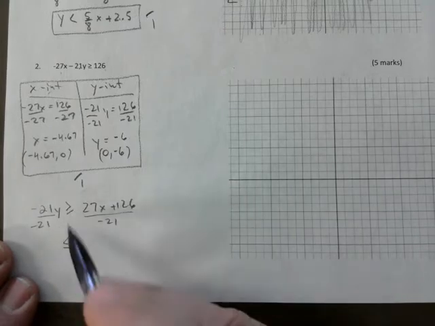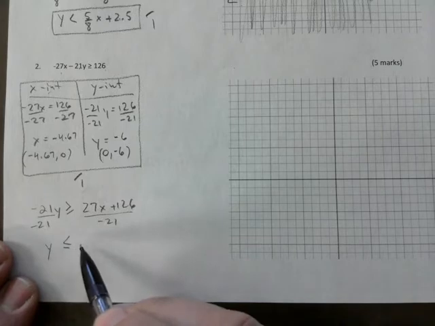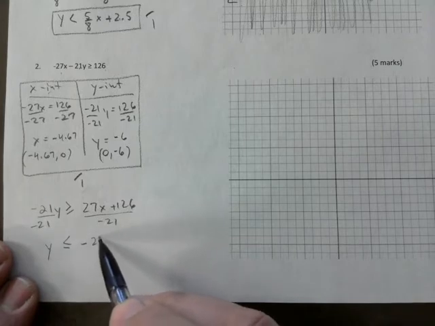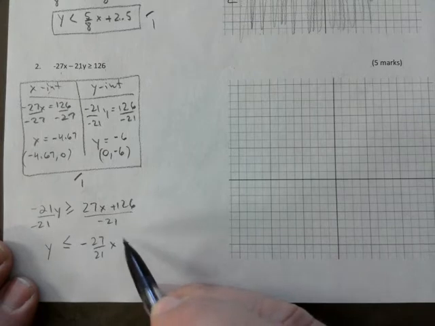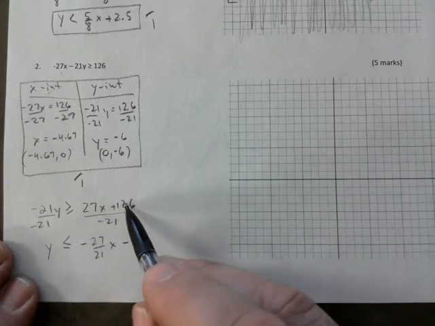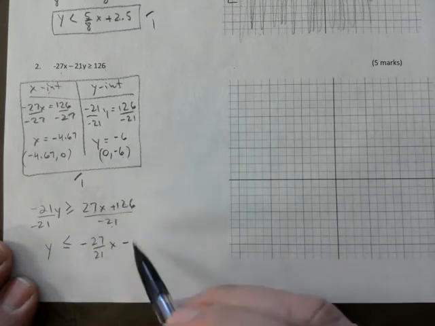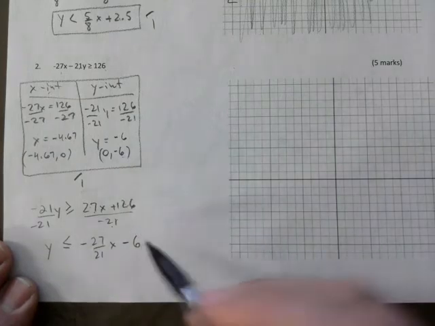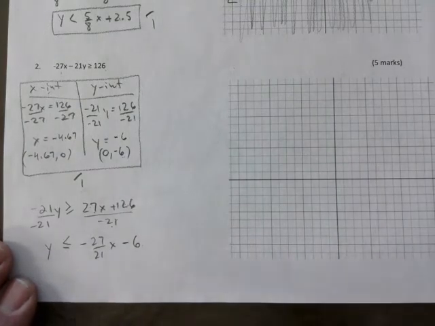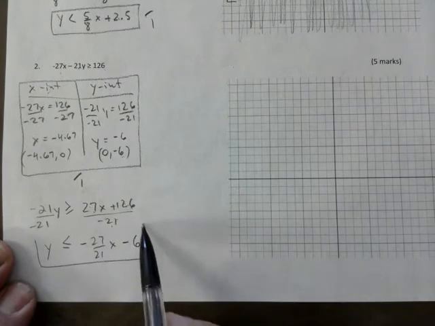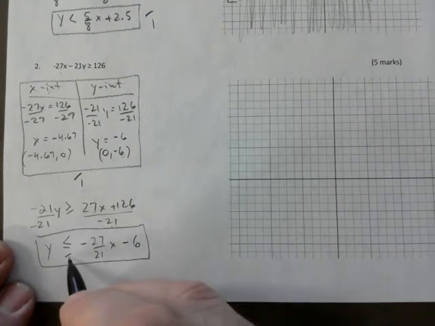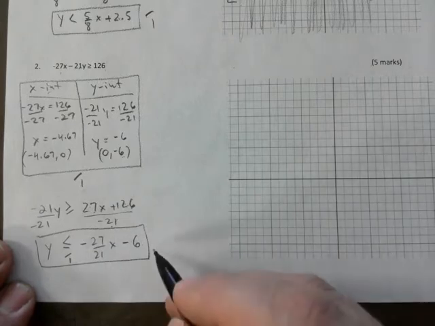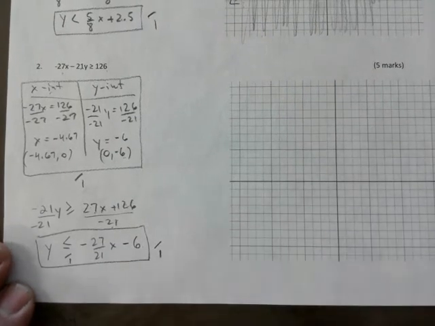I flip that inequality, and you end up with negative 27 over 21x minus, this is affecting both, minus 6, which you expected. So it's kind of like a checkpoint. So for this, I would give you 2 marks. 1 mark for that in particular, and another mark for just rewriting.